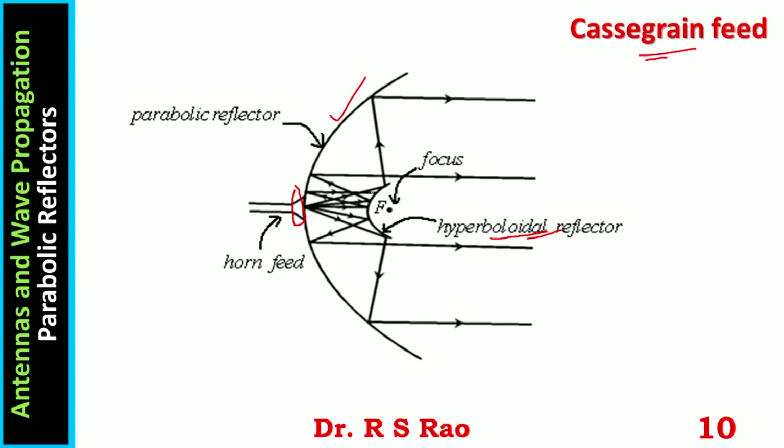There it gets reflected towards the parabolic main reflector. From there, the wave gets collimated. It becomes a beam and moves towards the receiving antenna.